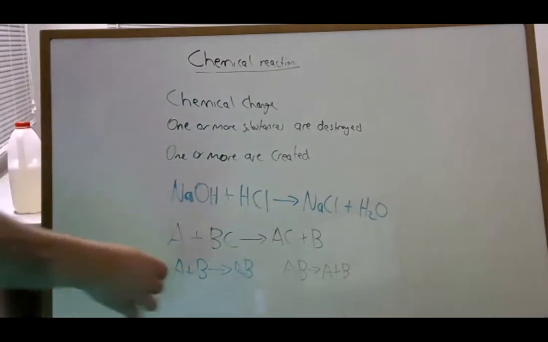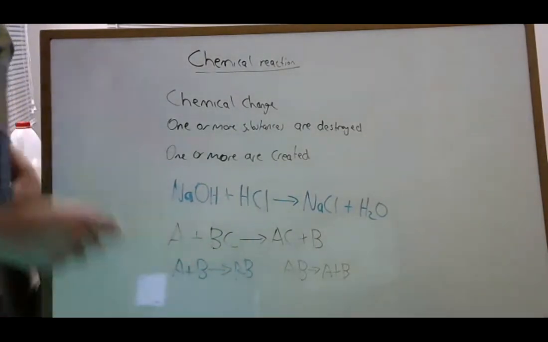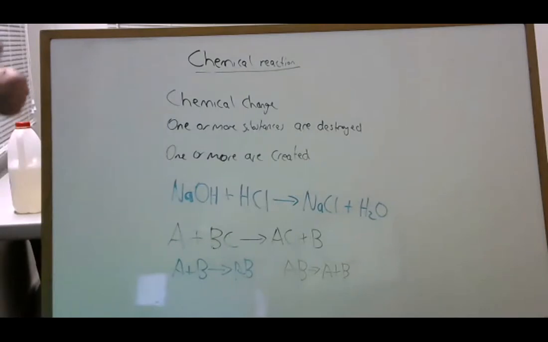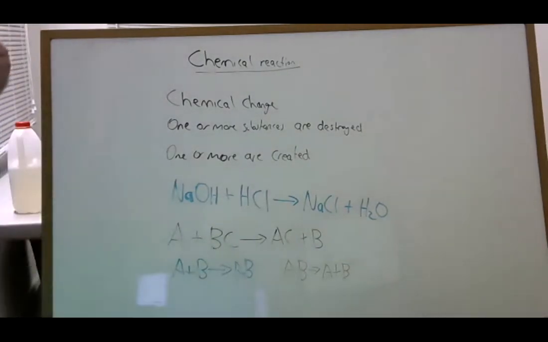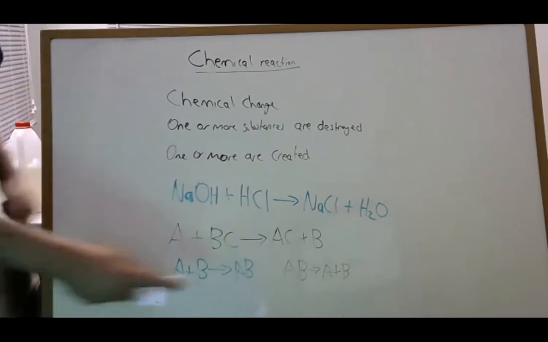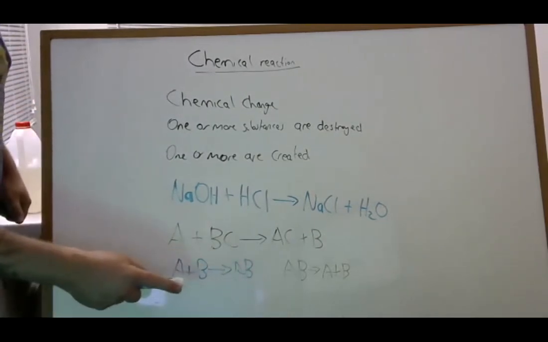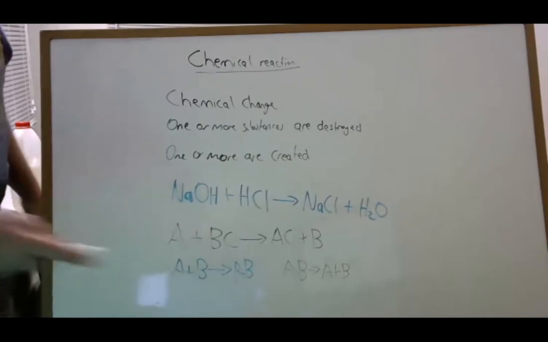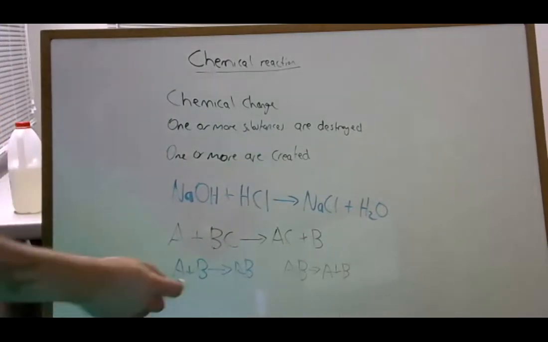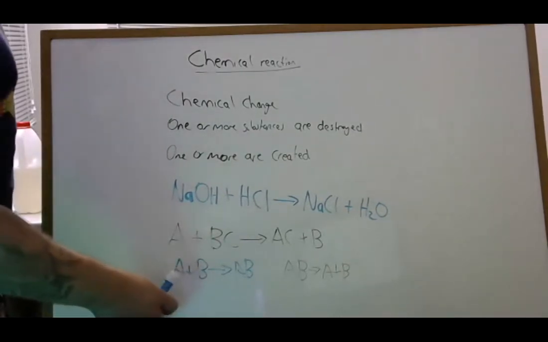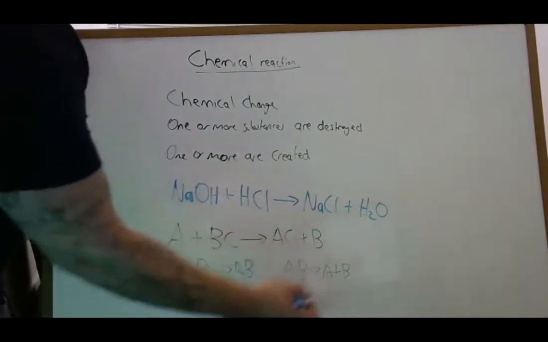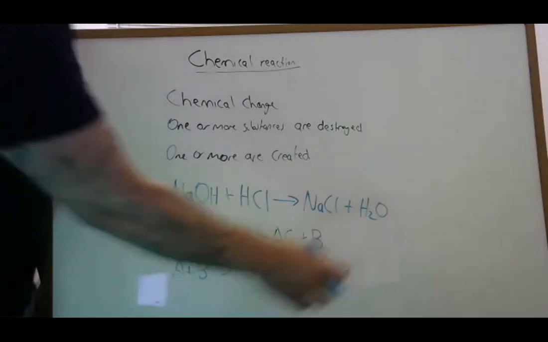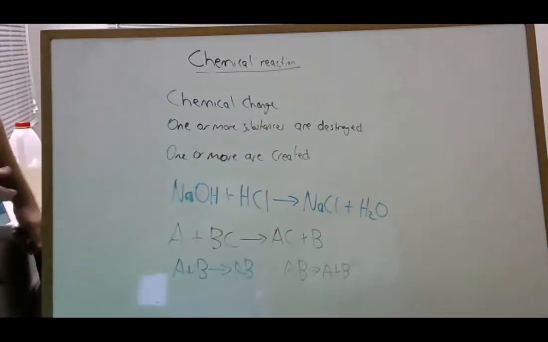A plus B creates AB is a synthesis reaction. So we're synthesizing a product from two simpler reactants. Decomposition, we take a product and we break it down into the reactants.